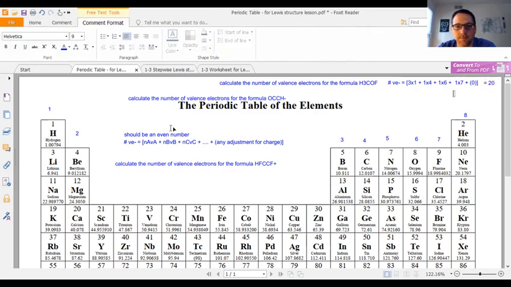Okay, next up, HFCCF. Why is it written like that? Come on. Why don't they just write HF2C2 plus? Why do they do that? Like, why are you making it more complicated? Well, you'll be glad they wrote it like this because they're giving away how the atoms are bonded.